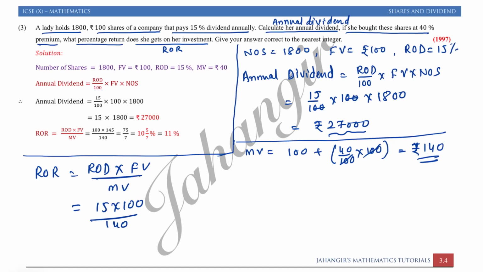Cancelling the zero, 2 5s are 10, 15 into 5 is 75 upon 7, that is 10.7%, and you have to give your answer correct to the nearest integer. So the nearest integer is 11%. So therefore rate of return is 11%.